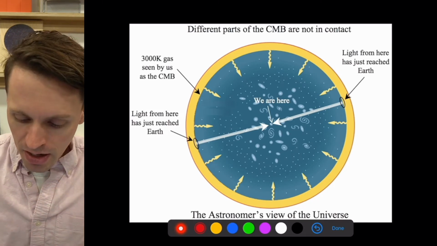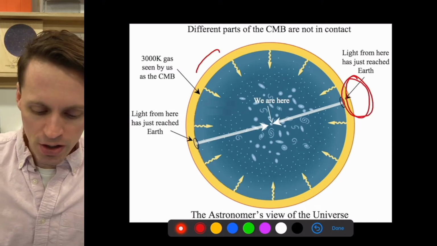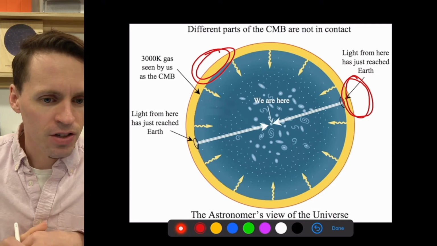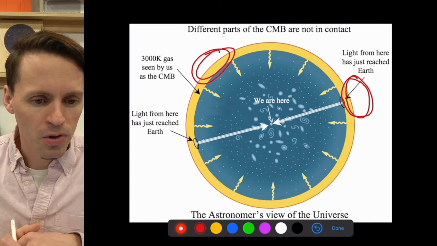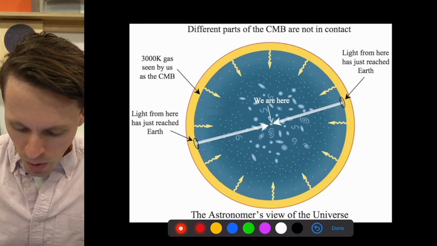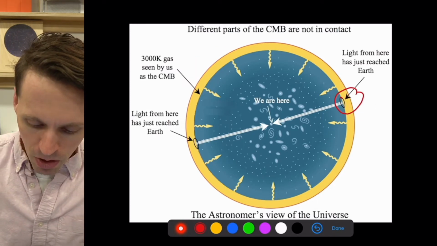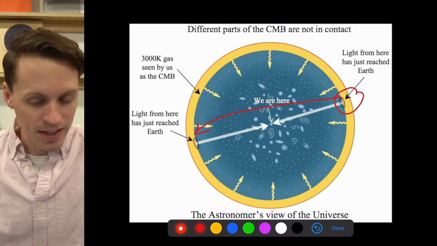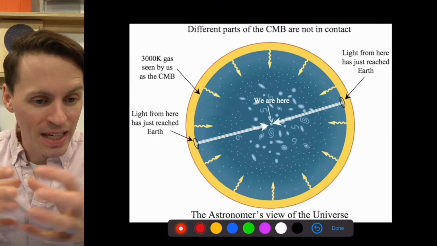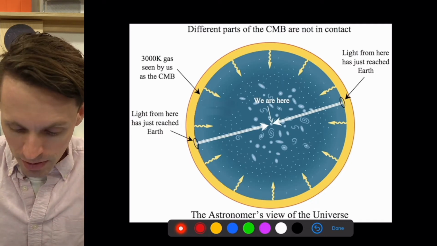You would expect a hotter region here and a colder region here, and not these tiny speckled differences that I showed you in the WMAP or Planck maps, but significant differences. So that's called the horizon problem. How does this part of the universe see over the horizon, see that part of the universe? And by see, we mean be in contact long enough to actually reach the same temperature.